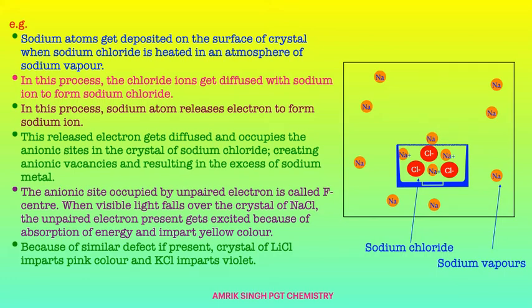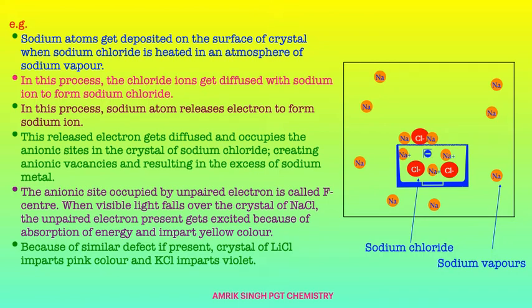In this process, chloride ions move toward the sodium atom, and the sodium atom releases electrons, and the electrons take the position of chloride ions. In this way the anion leaves the crystal and comes onto the surface, and it is a kind of metal excess defect in practice.